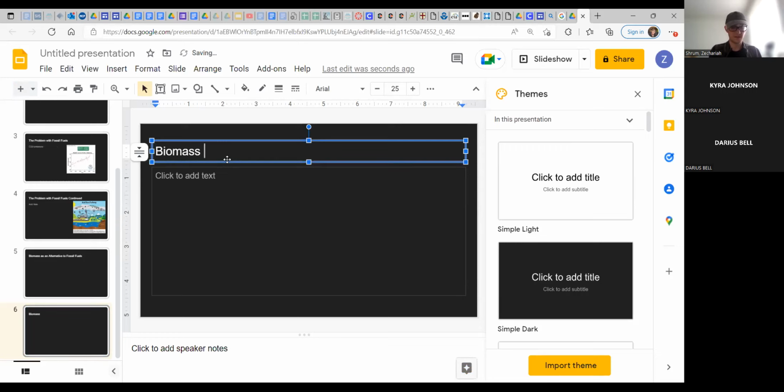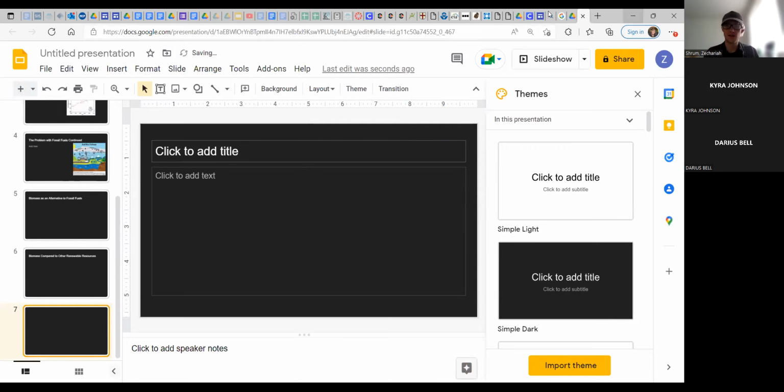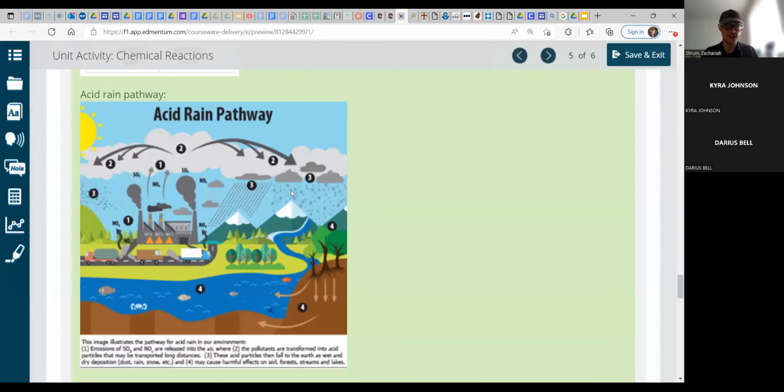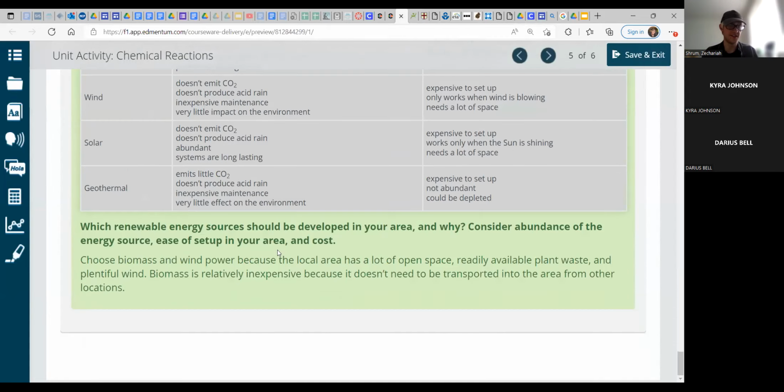Biomass compared to other renewable resources. And then here, you could insert a chart of comparisons like we did here.